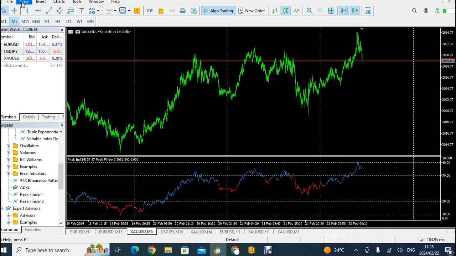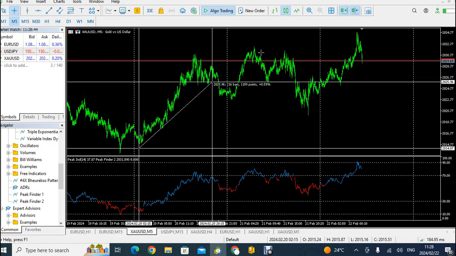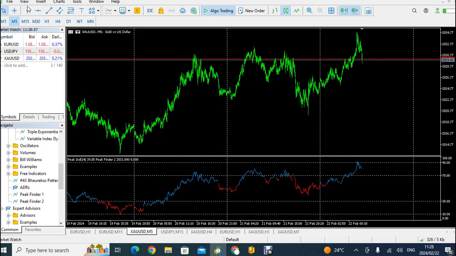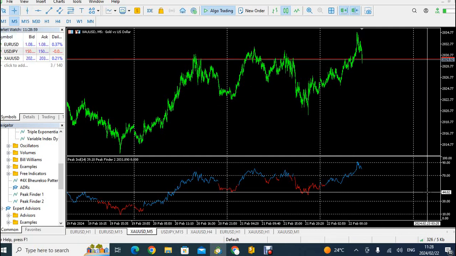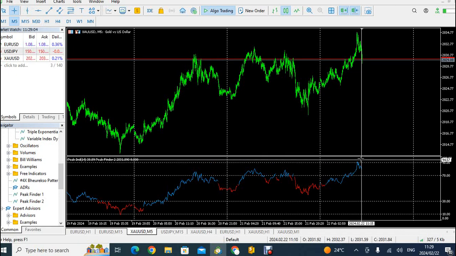Let me check in terms of pips. That is actually 203 pips, right, from there to there. And as we can see, we have now reached the point where we have a peak here.